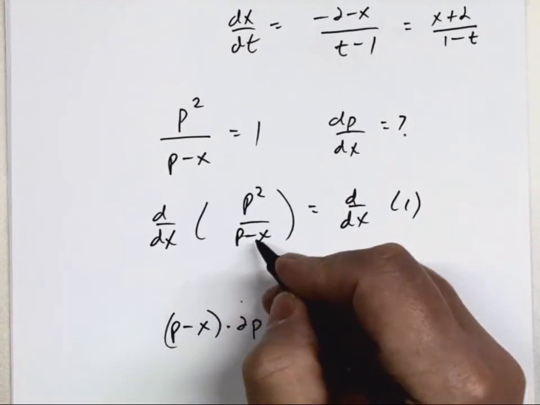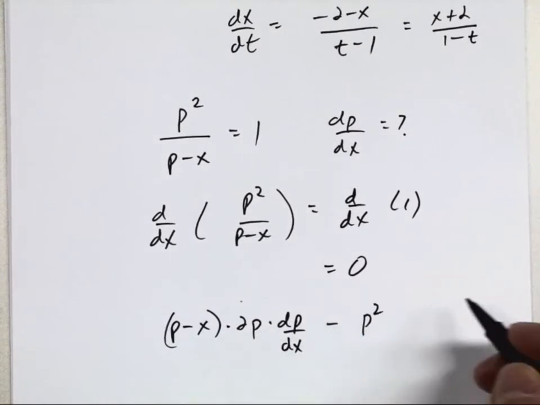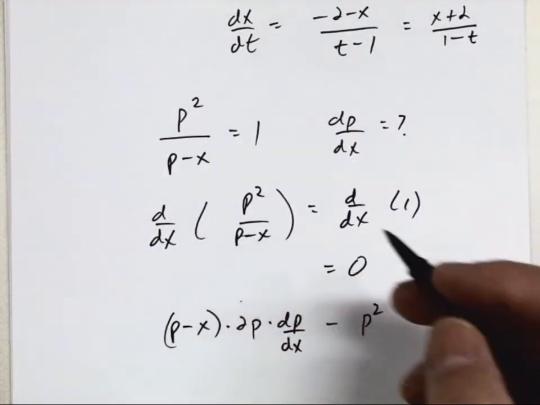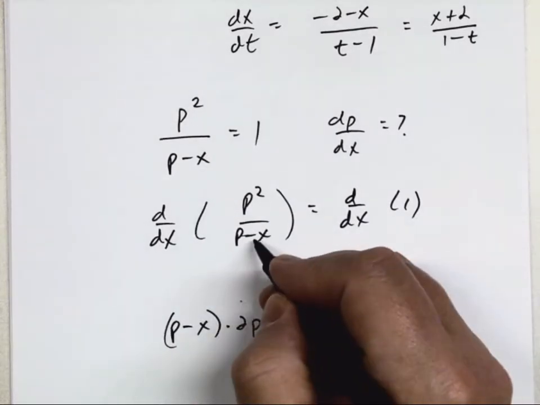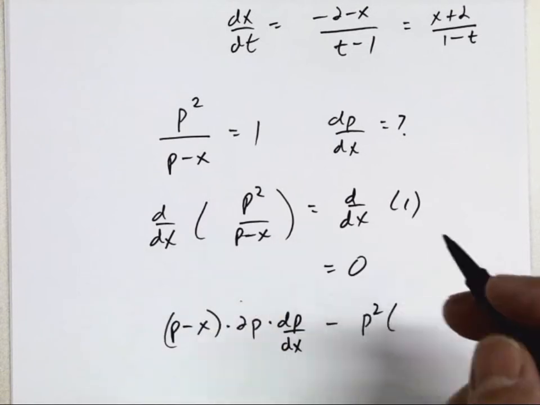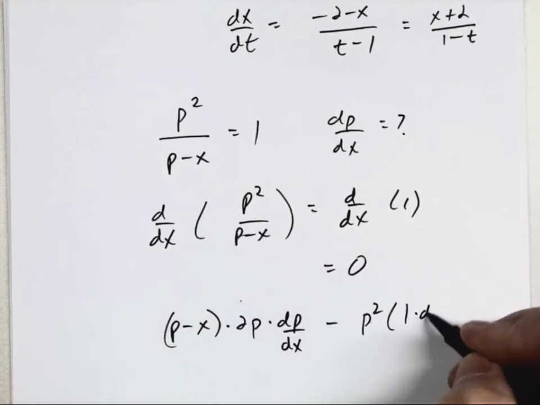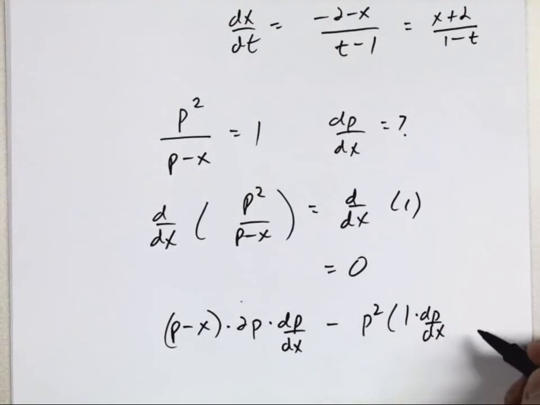Quotient rule says low times the derivative of the top, and then the top times the derivative of the low. So what's the derivative of p minus x? Derivative of p with respect to x is just 1, but then you have to put in the dp dx.